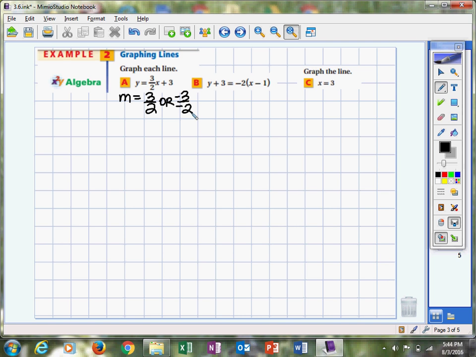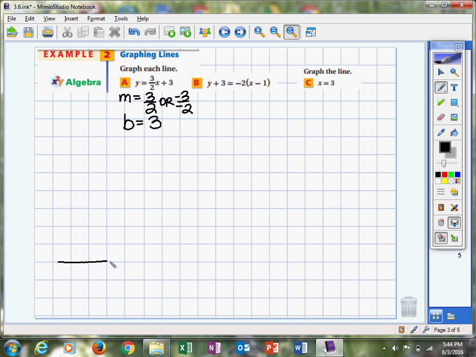I like writing that when it's applicable. Most of the time it's applicable. I can write my slope in two different forms. Positive 3 over positive 2 is the same thing as negative 3 over negative 2, because I know that a negative divided by a negative is a positive. So that's why I can write it like that. And it's going to cross through 3.